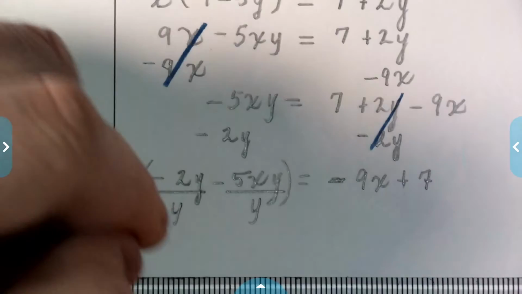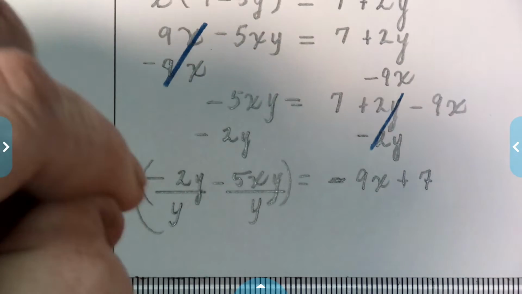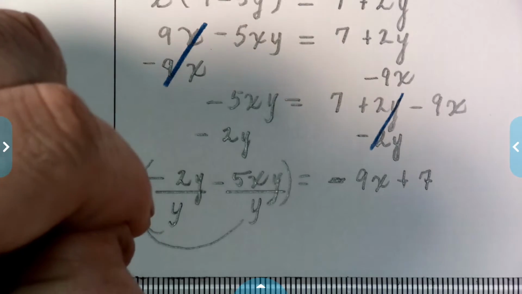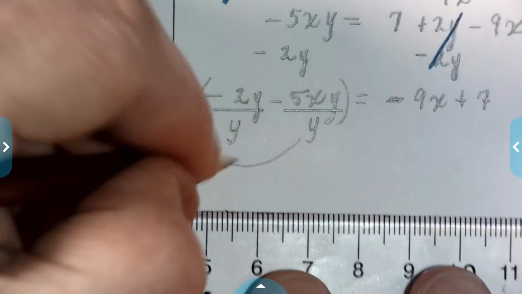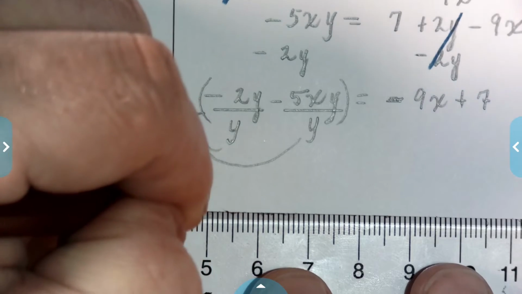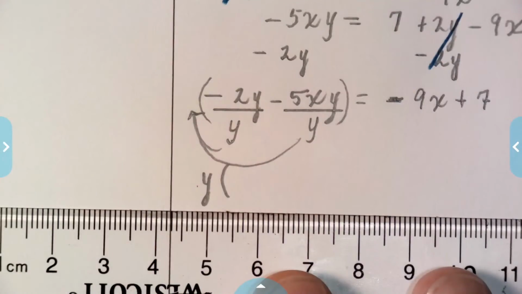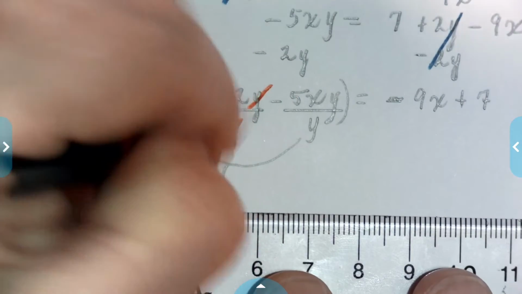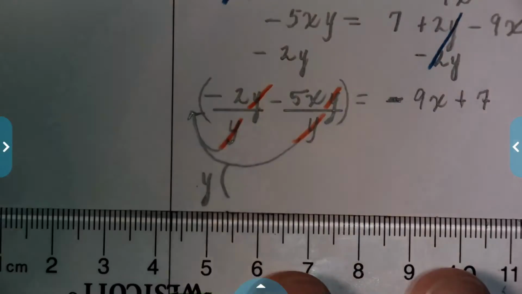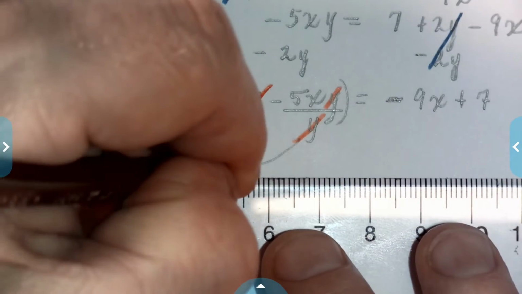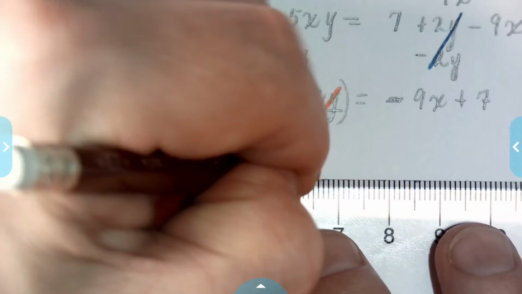That is like reverse distribution, you're factoring out something. So now I factored out the y. The y is now outside the parentheses, and inside the parentheses, since we canceled these y's, I have negative 2 minus 5x.